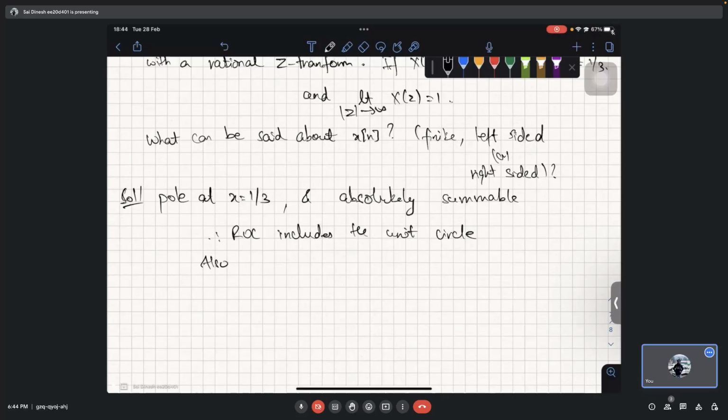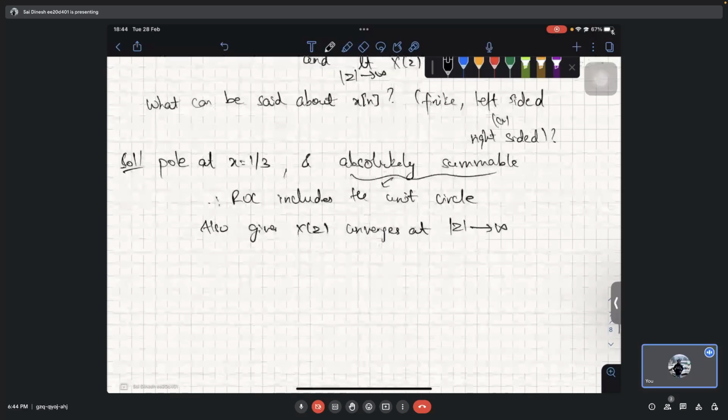Also given, x of z converges at z tending to infinity, right? Now can it be a finite length sequence?